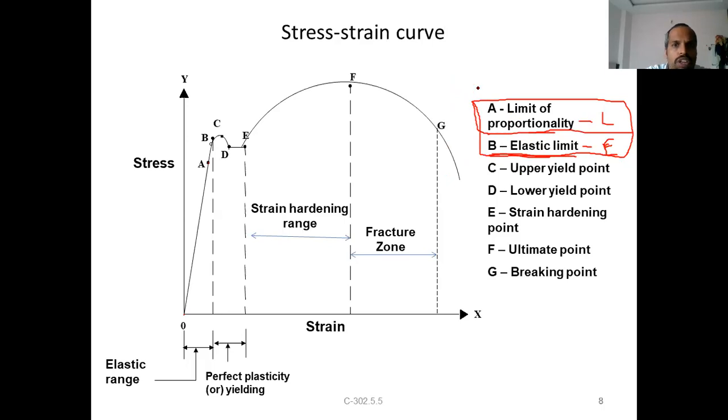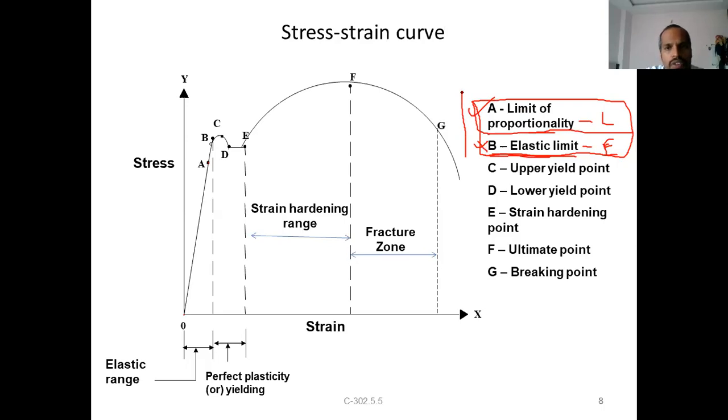Generally, they don't give both options, strictly speaking. That is how the question framing will be. If only the elastic limit is given, then tick the elastic limit. If the limit of proportionality is given and the elastic limit is not, then tick that one.